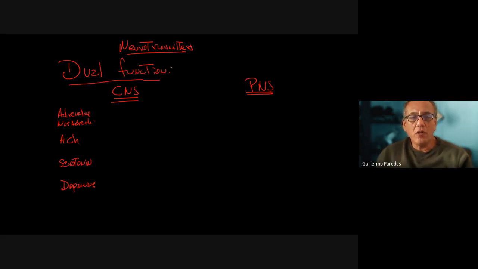So when you read textbooks or material, you need to know that adrenaline has two functions. One in the central nervous system and another different function in the peripheral nervous system. For example, adrenaline is the fight or flight. We already know that. But I will give you an example.